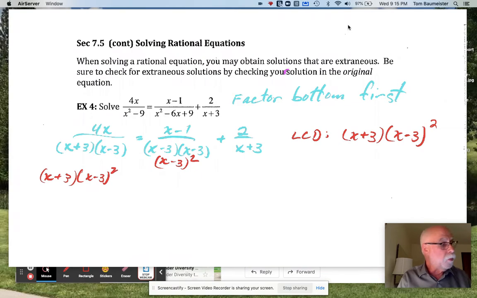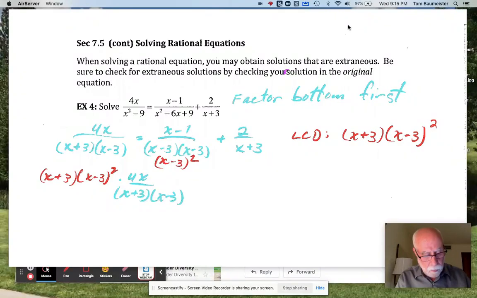And I'm going to be multiplying that to my 4x over x plus 3, x minus 3. And then I'm going to do the same thing. So I'll have x plus 3, x minus 3 squared.